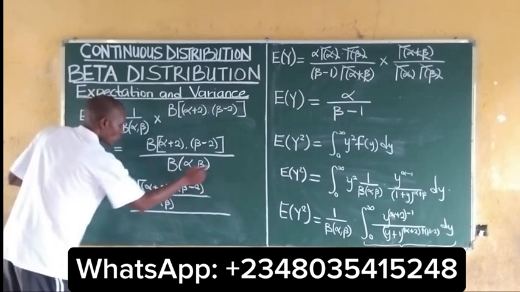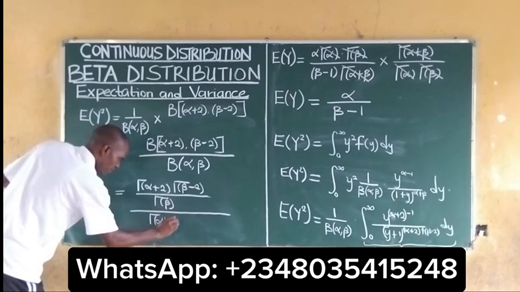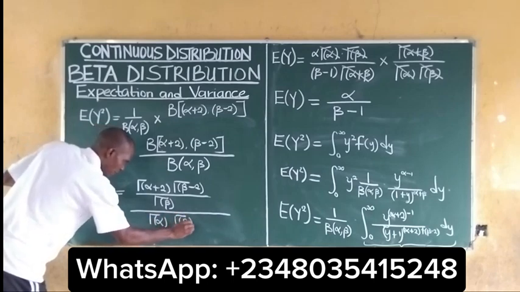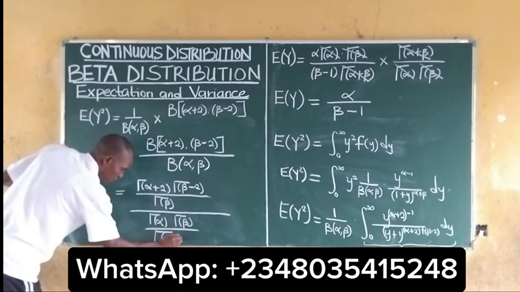Then we'll write this function. The whole of this function means gamma alpha, gamma beta all over gamma alpha plus beta.